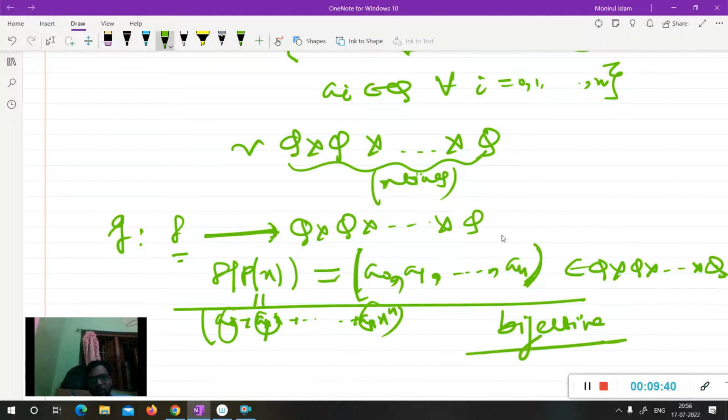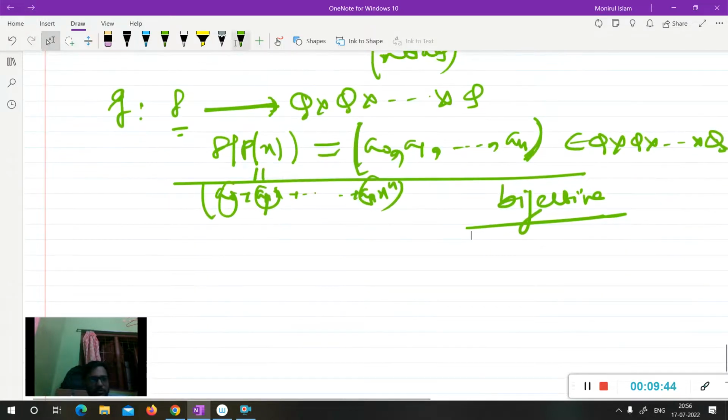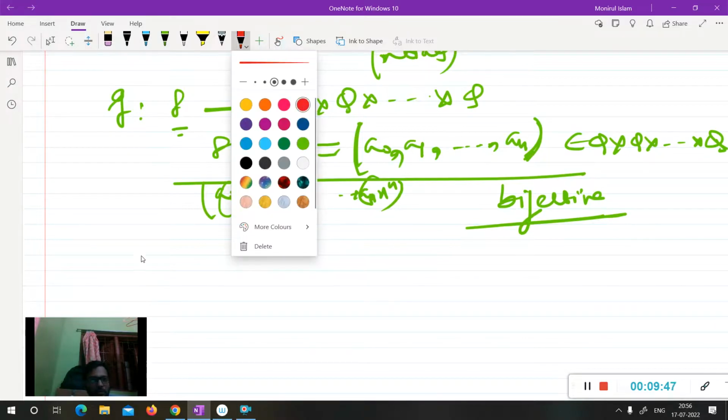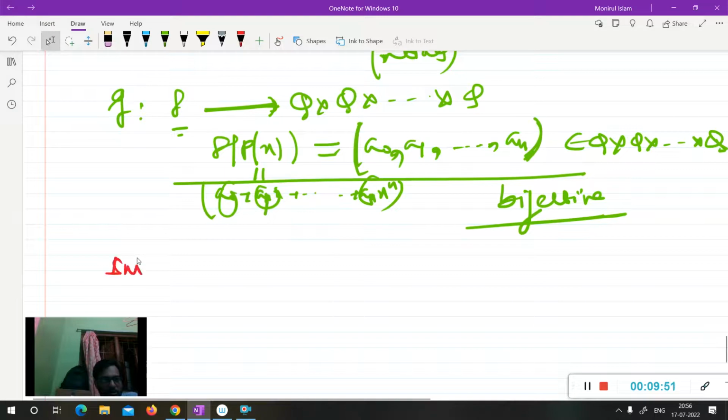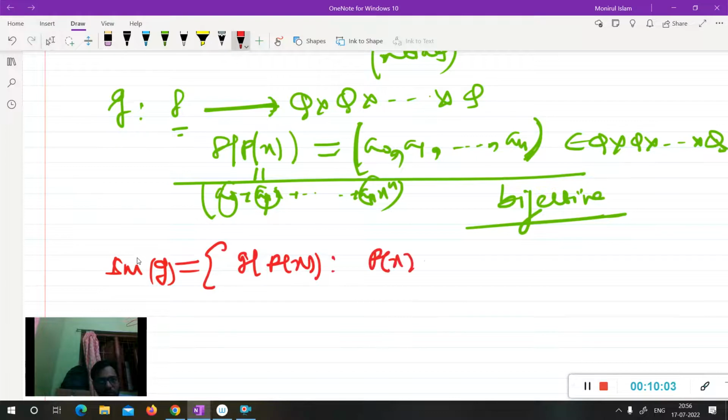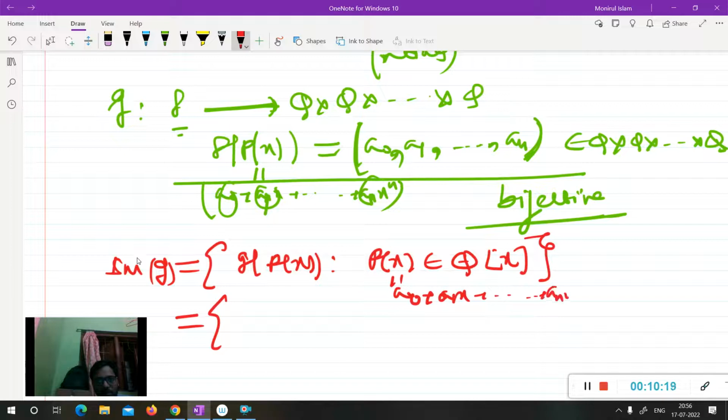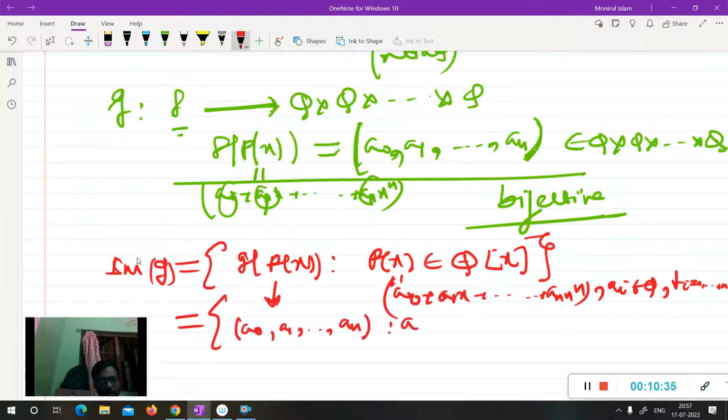It is well defined, no doubt, because if you want to compute the image, first of all, what will be the image of g? The image of g is nothing but g of p(x) such that p(x) belongs to Q[x], the set of polynomials having rational coefficients. So g(p(x)) is nothing but a0 + a1x + ... + an x to the n, where each ai is rational for all i equal to 0, 1, up to n. So this is nothing but (a0, a1, ..., an), where each ai is a rational number.